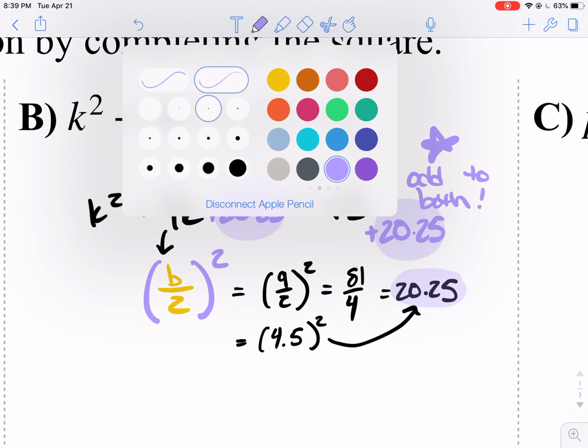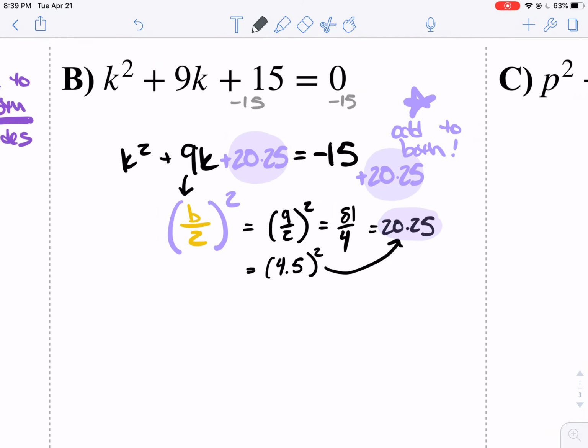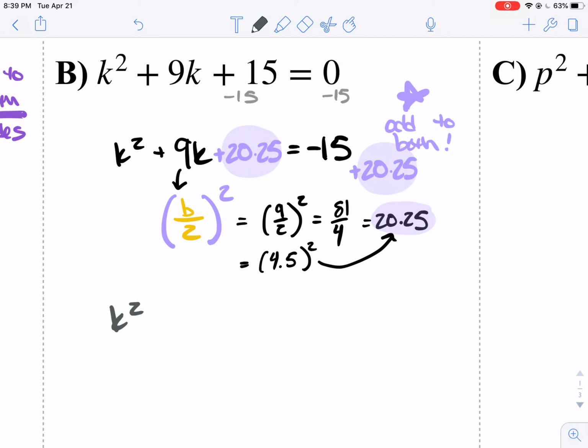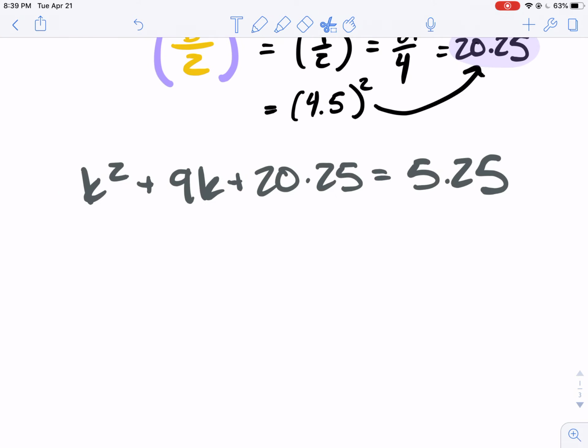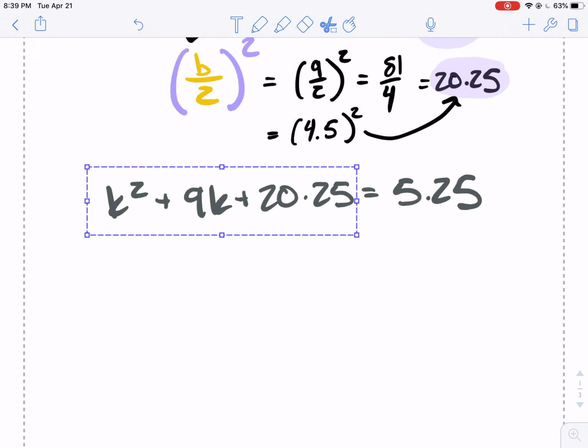Let's rewrite what we have real quick. So we have k squared plus 9k plus 20.25 equals 5.25.